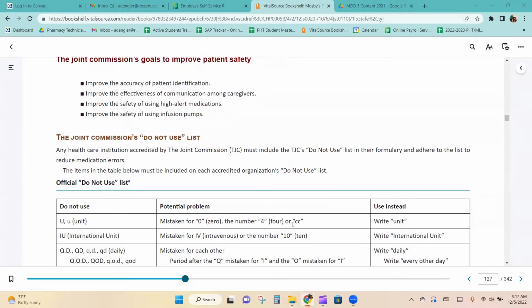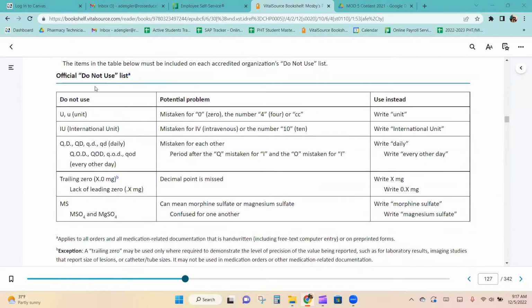Now here is the Joint Commission's do not use list. So these are all the SIG codes and such that we should not be using. You should not abbreviate unit as U. You should write unit. You should not abbreviate international unit as IU because it can be mistaken for IV or the number 10.